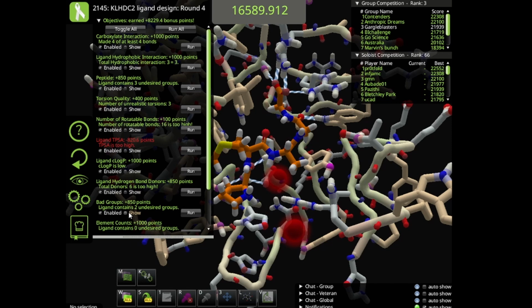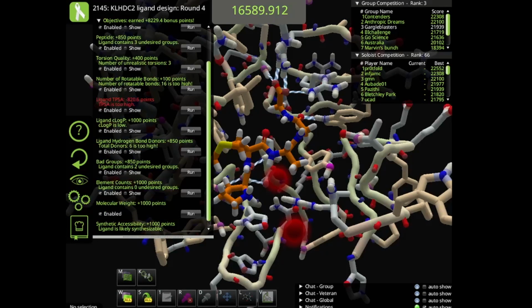Next is bad groups. There are many bad groups, and they are usually not very drug-like. Next is element counts, which is a limit on certain element numbers.